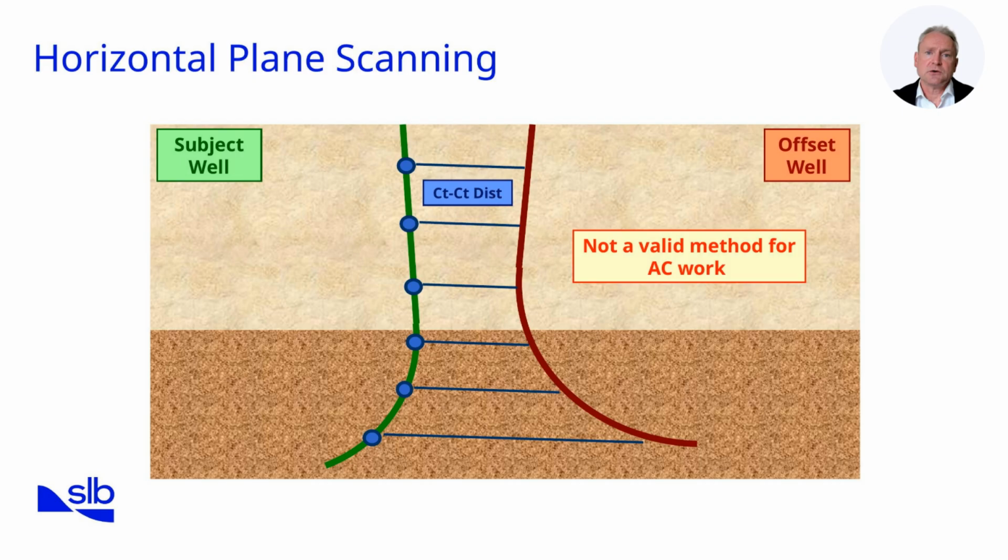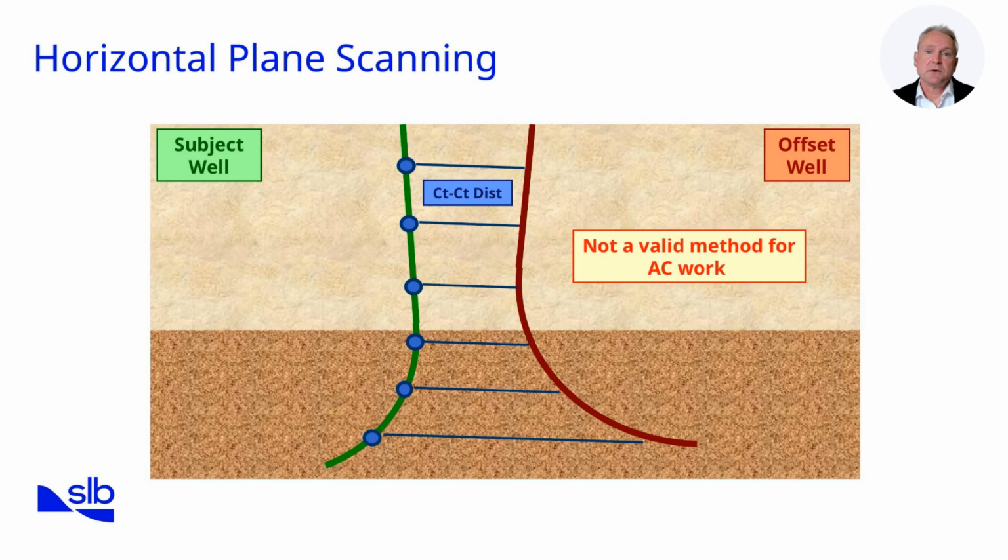For example, 2 wells may appear safely spaced in the horizontal view, but could in fact be dangerously close when vertical alignment is considered. Therefore, this method is not valid for robust anti-collision work. It can, however, serve as a supplementary visual tool to enhance understanding of relative well positions. This is represented in a spider plot, which is a horizontal view of the wells.